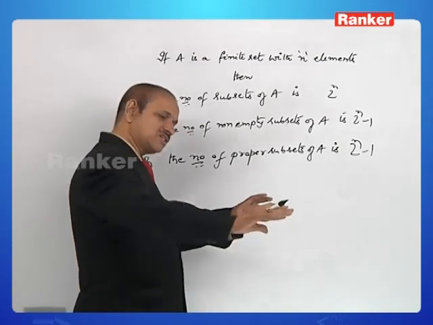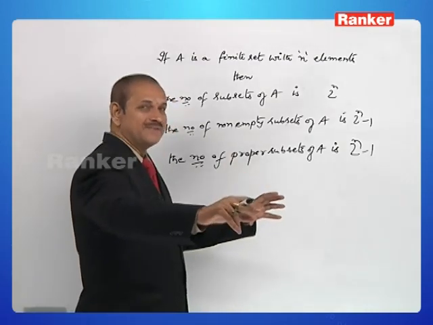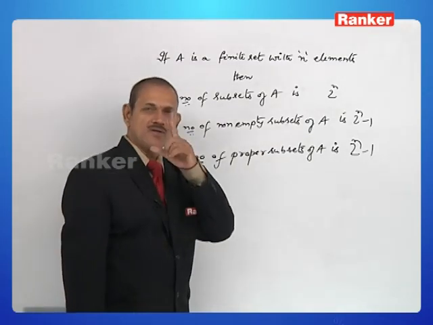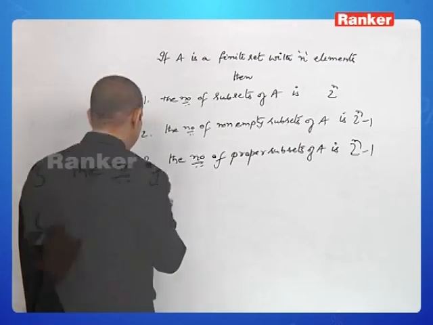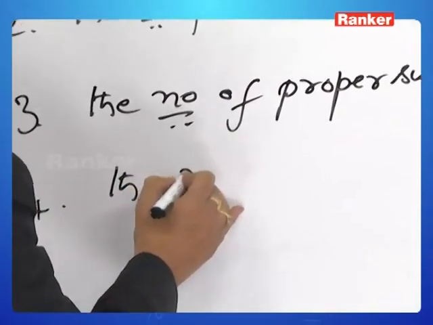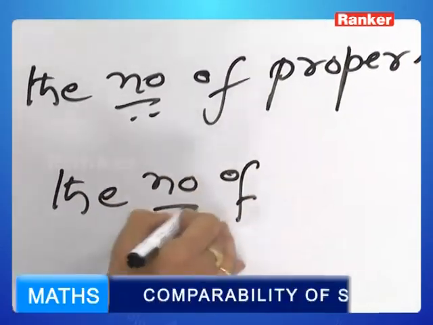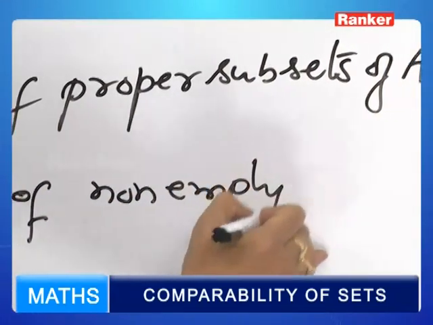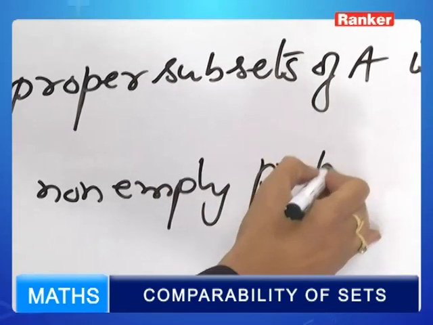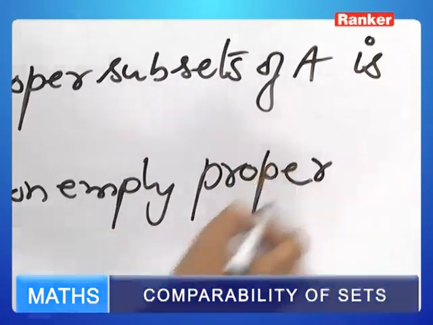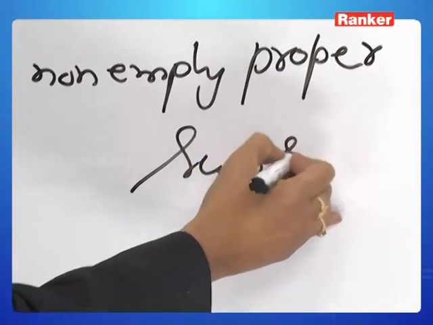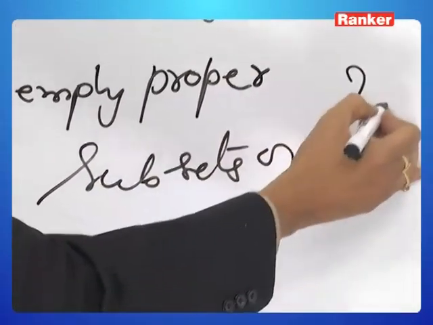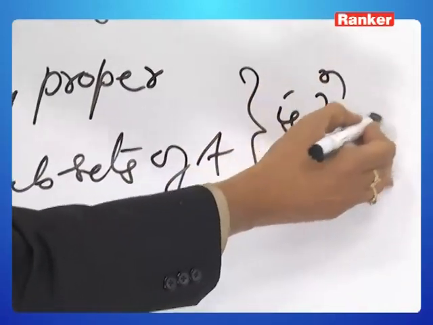And in the collection of all subsets, A will also be there, you know. You delete that A, therefore it is 2 to the power of n minus 1. And next, the number of non-empty proper subsets of A is 2 power n minus 2.